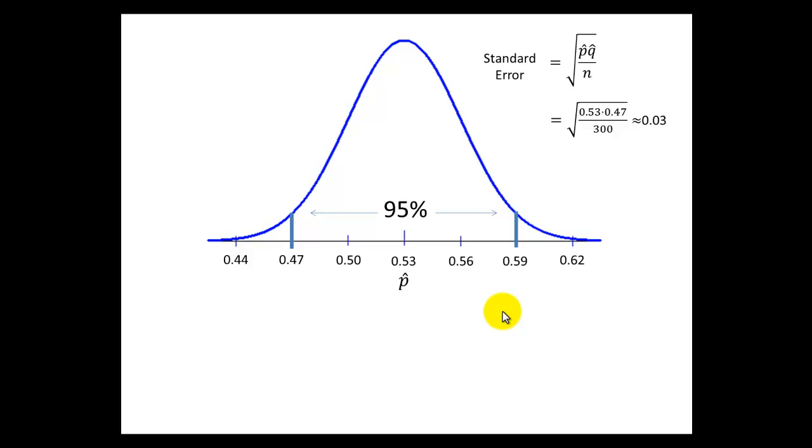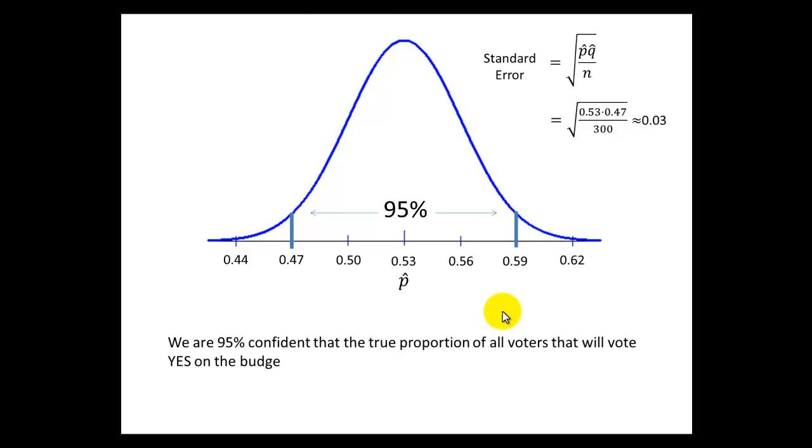So what this is telling us is that we are 95% confident that the true proportion of all voters that are going to vote yes on the upcoming budget is between 0.47 and 0.59, roughly between 47% and 59%.